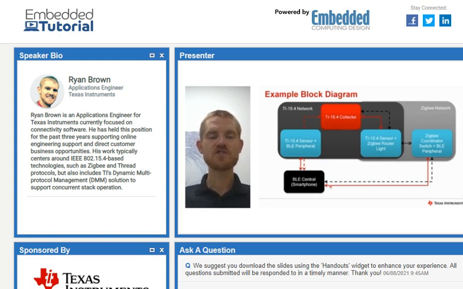So the BLE central smartphone is able to communicate the switch state to the Zigbee coordinator acting as a switch, which is then able to control this Zigbee router light communicating inside the 15.4 network. Likewise, the BLE smartphone can also directly communicate with other sensors that are inside the TI 15.4 network, because this box on the far left side is also DMM enabled for both BLE and 15.4 stack.